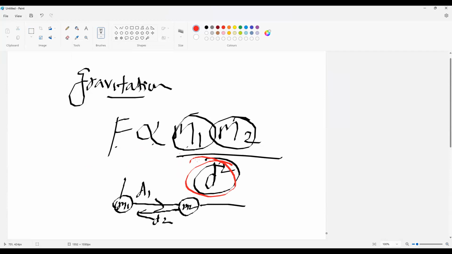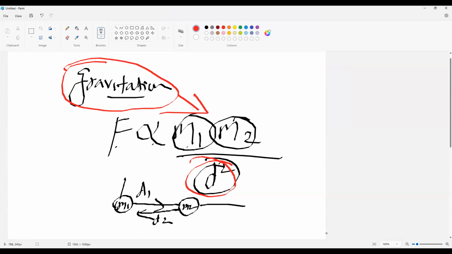What are we learning today? Gravitation. So what is the difference between gravitation and gravity? Gravitation is the force acting between two objects. Gravity is nothing but the force exerted by the earth.